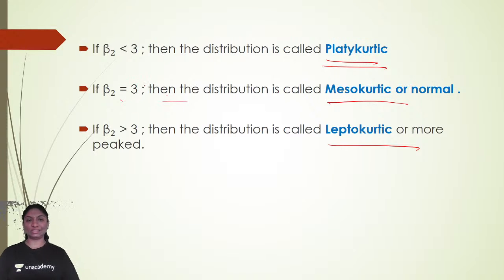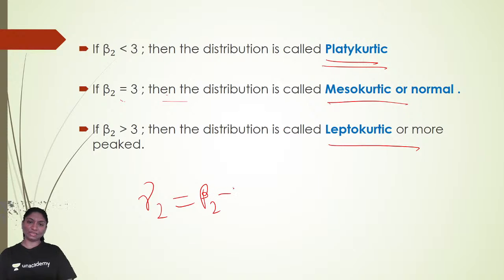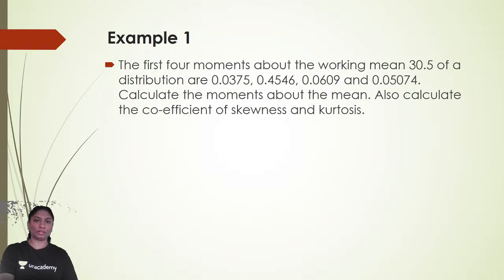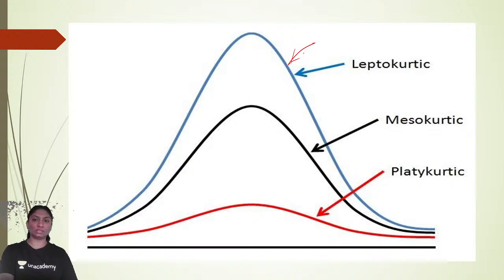The excess value of kurtosis is generally denoted by gamma 2. Gamma 2 is equal to beta 2 minus 3, the excess of the kurtosis. Everything is covered in this.